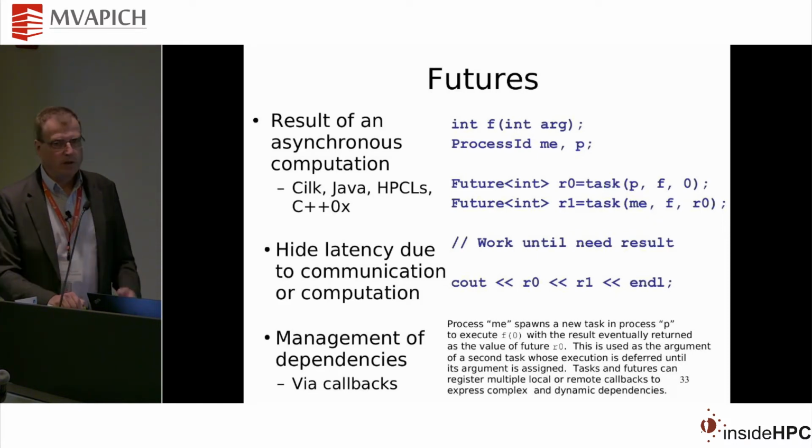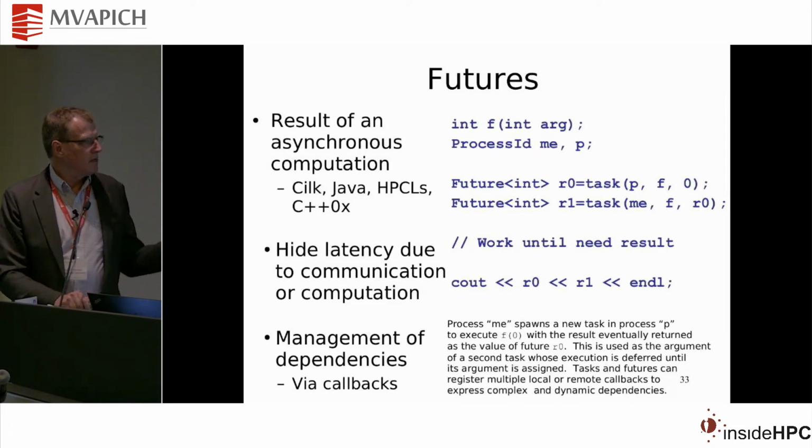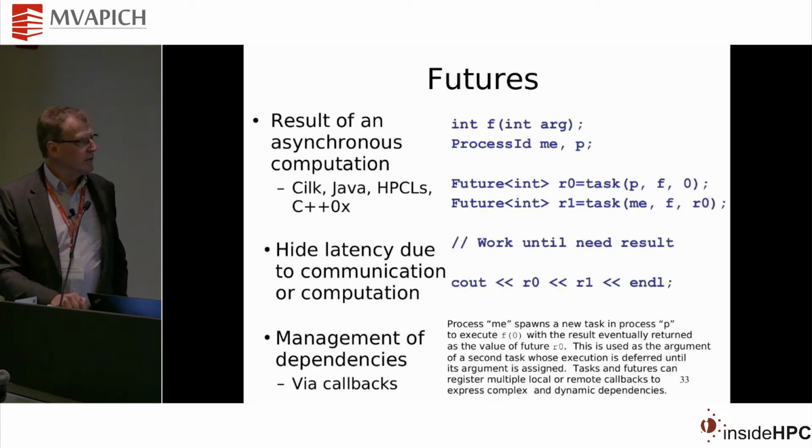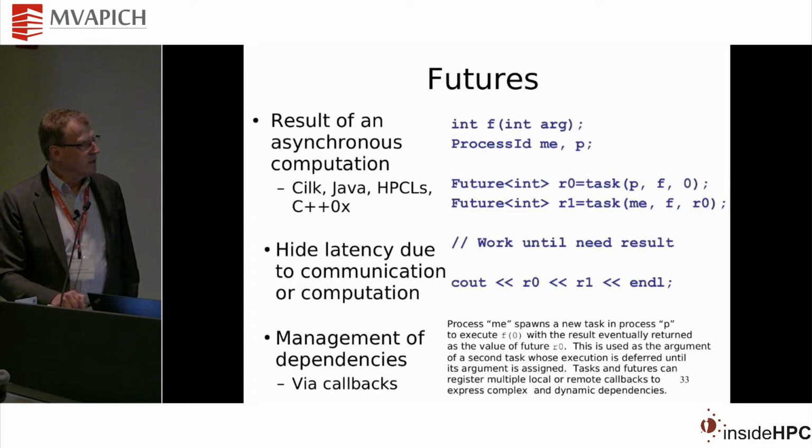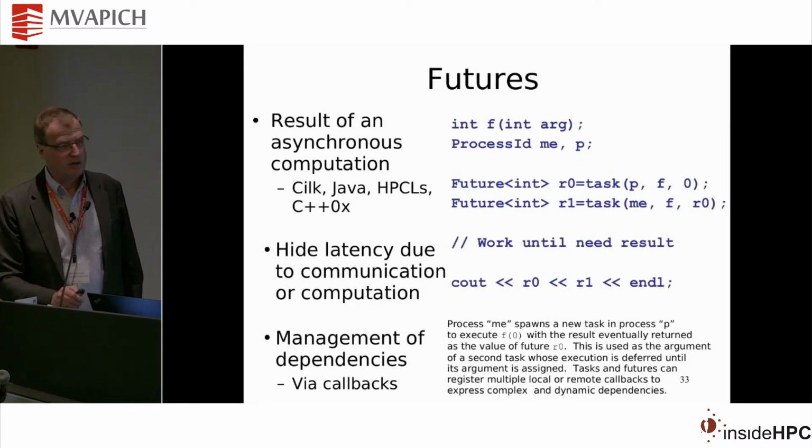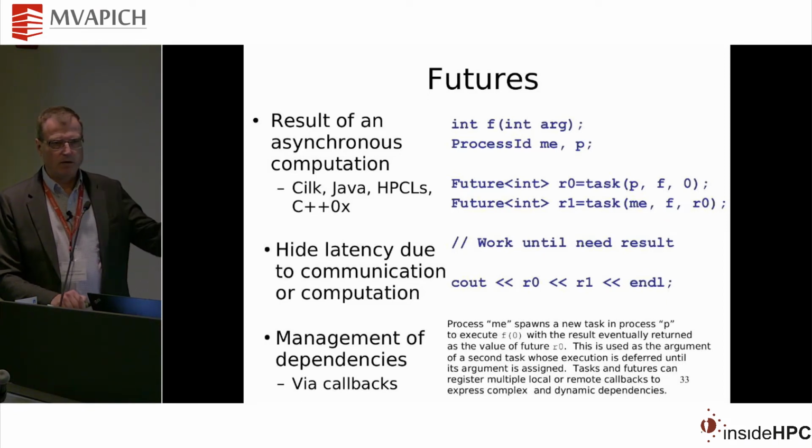Futures are probably familiar to most people in the audience, but inside MADNESS we have futures that understand the distributed computation. So we can initiate a task on some remote process, have the result of that eventually assigned into this thing that's wrapped in a future. And before this computation is complete, we can use that in a subsequent computation on another processor if we want to, and essentially build up this DAG computation at runtime.